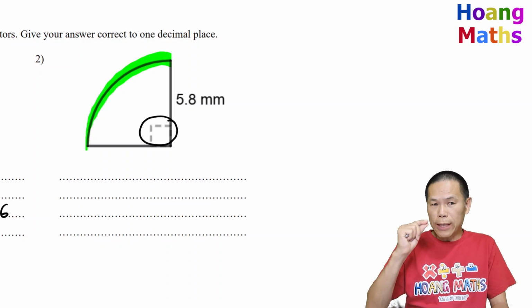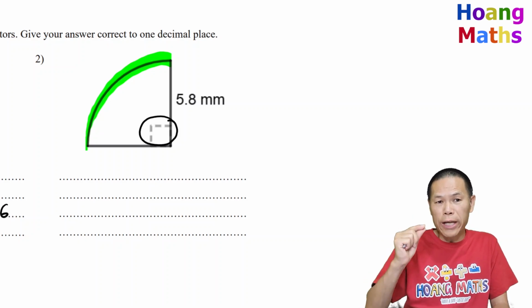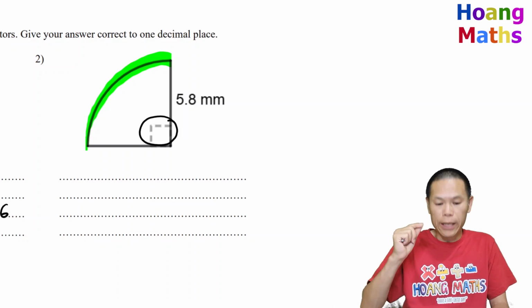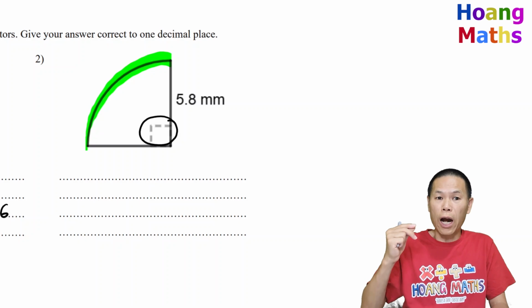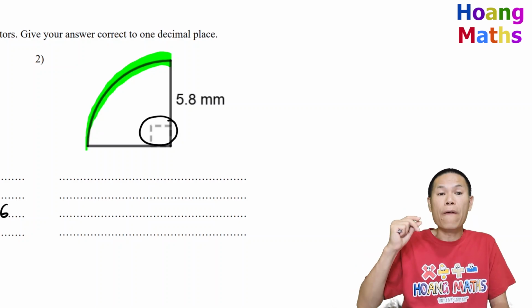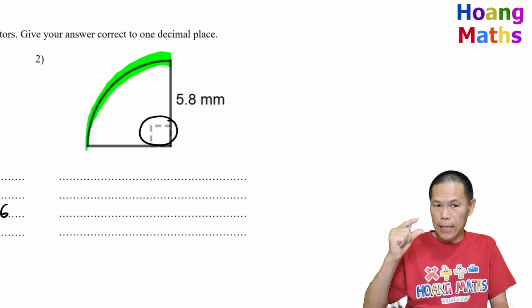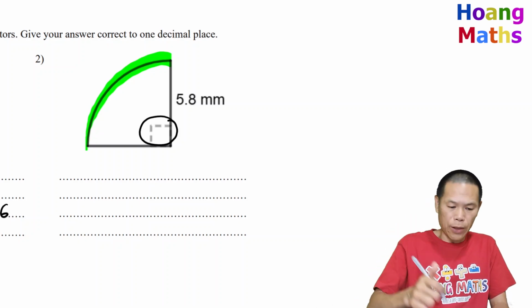We know that the circumference of a circle is 2 pi times the radius, which is 2 pi r. In this case, they gave us the radius, so we better use 2 pi r. Of course, you can use pi d, so we will have to times 5.8 by 2 to give us the diameter if you wish. But let's just use 2 pi r.